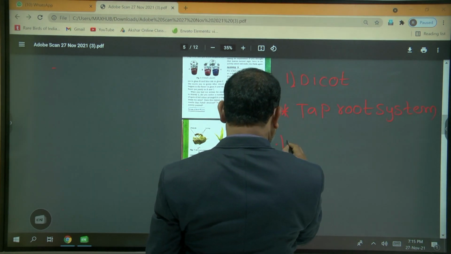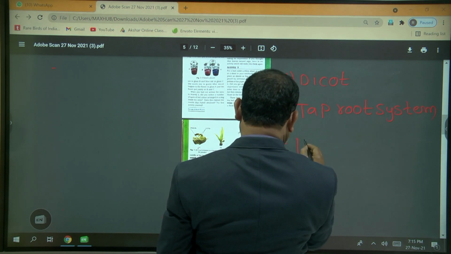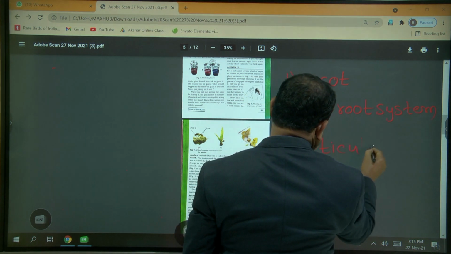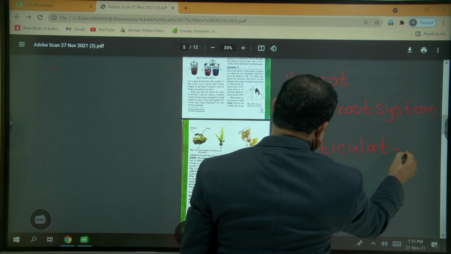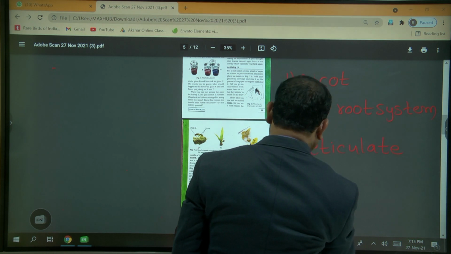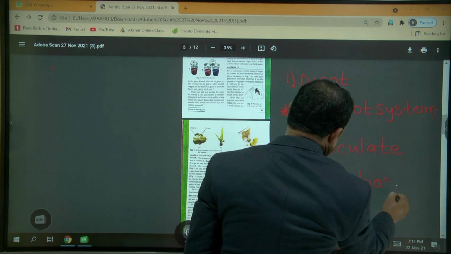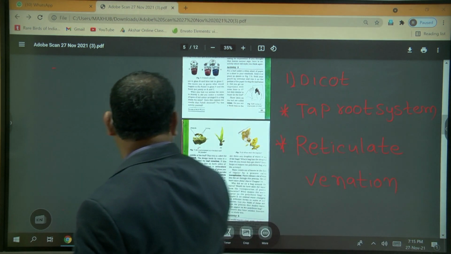Second one is the reticulate venation. Okay, this is the dicotyledon characteristic feature.